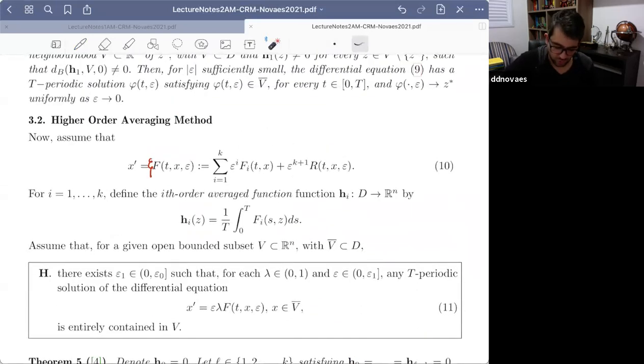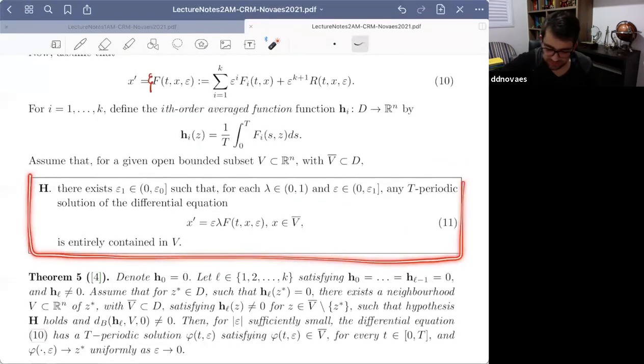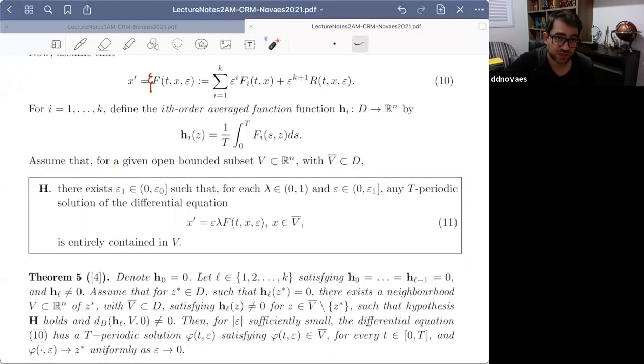Okay, so we define our average function and we shall assume this hypothesis. This hypothesis is a little bit strange in the context of periodic solutions, but it's a very natural hypothesis in the context of operator equations. I'm going to show it in a minute.